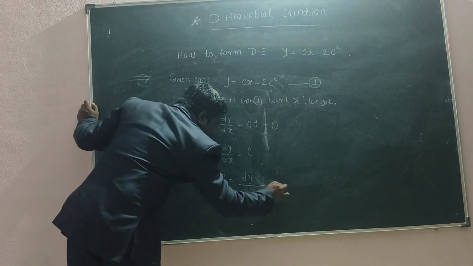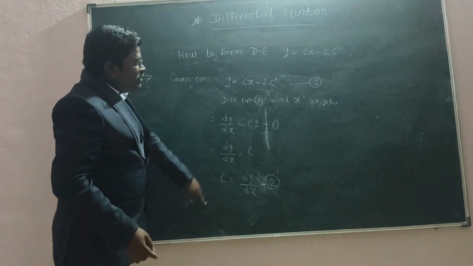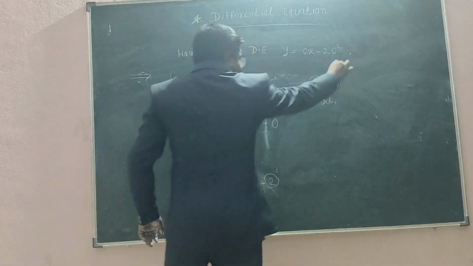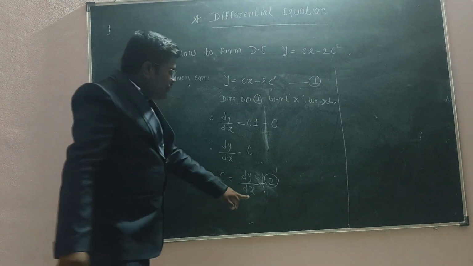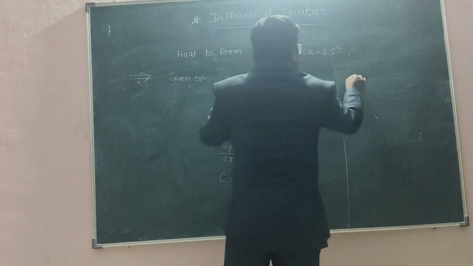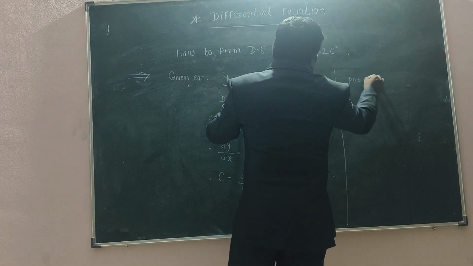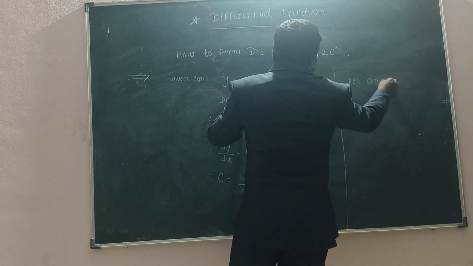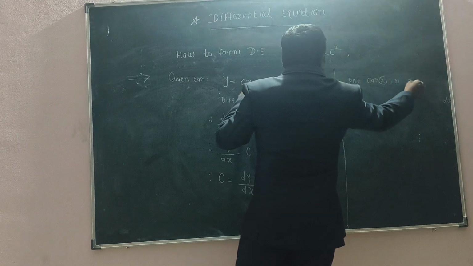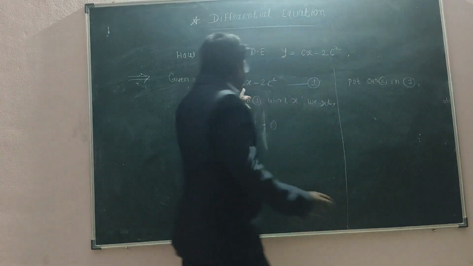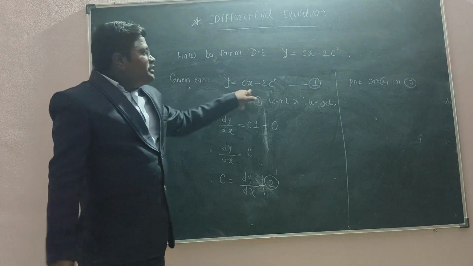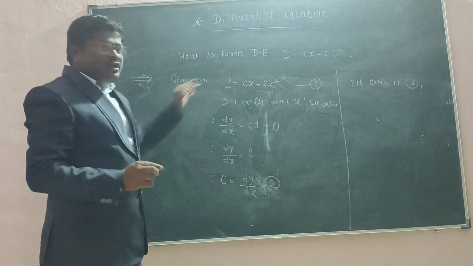This is equation number 2. We put equation number 2 in equation 1. The value of c is put in this equation and we form our differential equation.